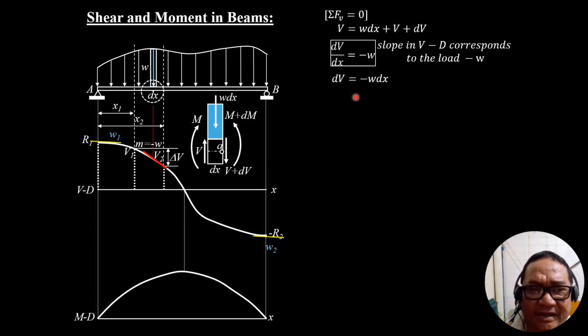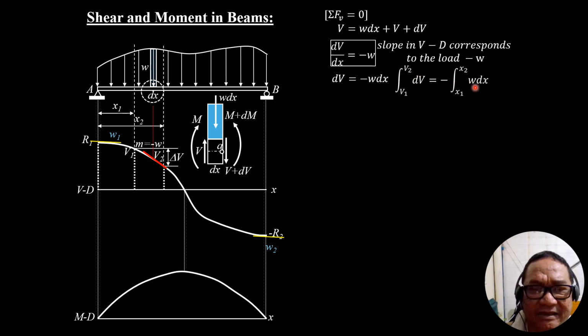So from here, dV equals negative W dx. So integrating, integral of dV is V, with limits from V1 to V2. Then the right side should be interpreted as simply, because the product of W and dx is area, take note, limits from x1 to x2. So this is delta V, V2 minus V1.